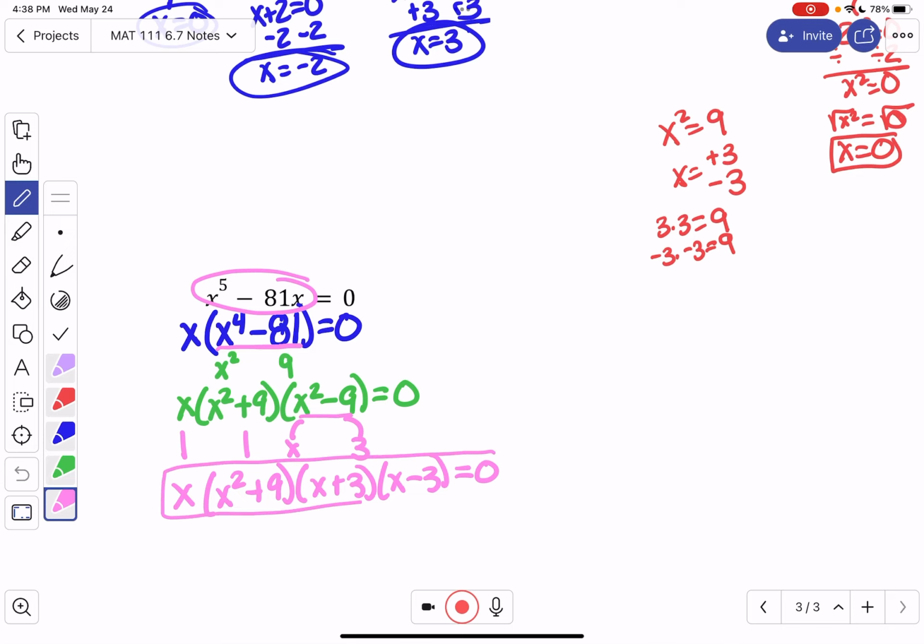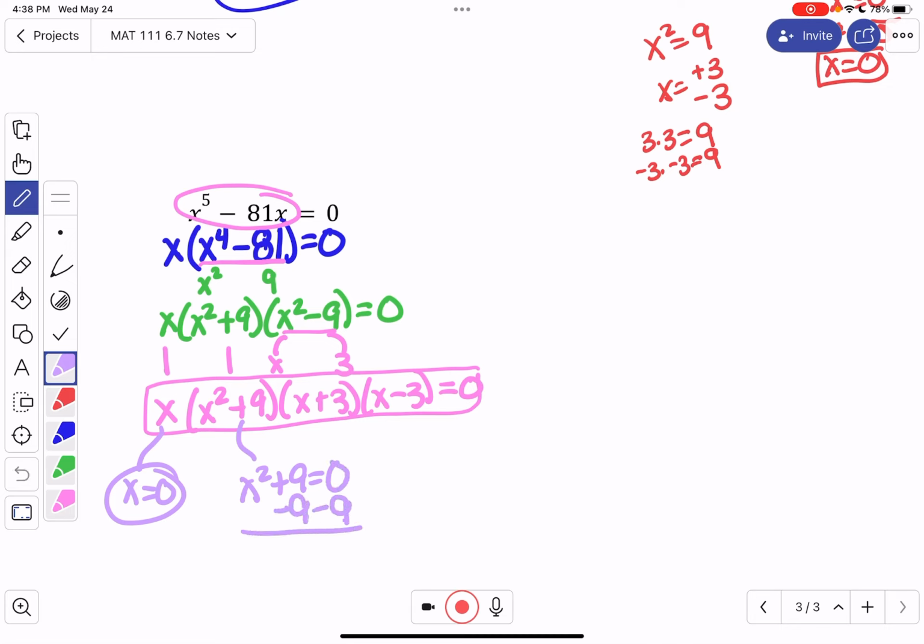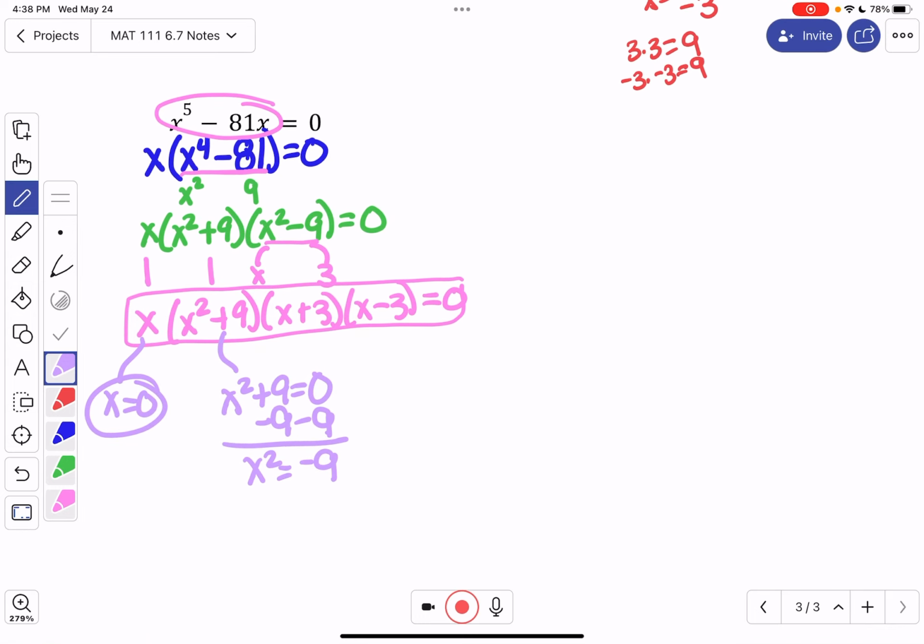Now I have all of these parts that I'm going to make equal 0. So the first one, x equals 0. The second one, x squared plus 9 equals 0. If I subtract 9 from both sides, I would get x squared equals negative 9. And up to this point, we can't take the square root of a negative, so we could just stop there.